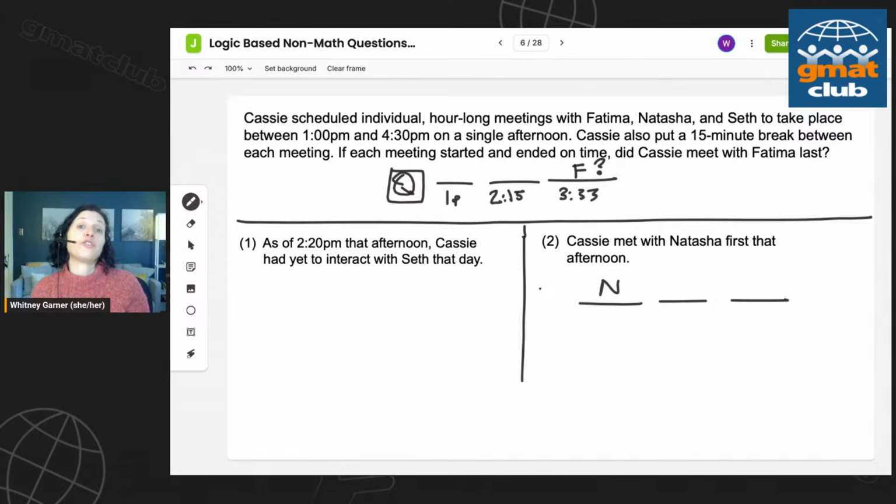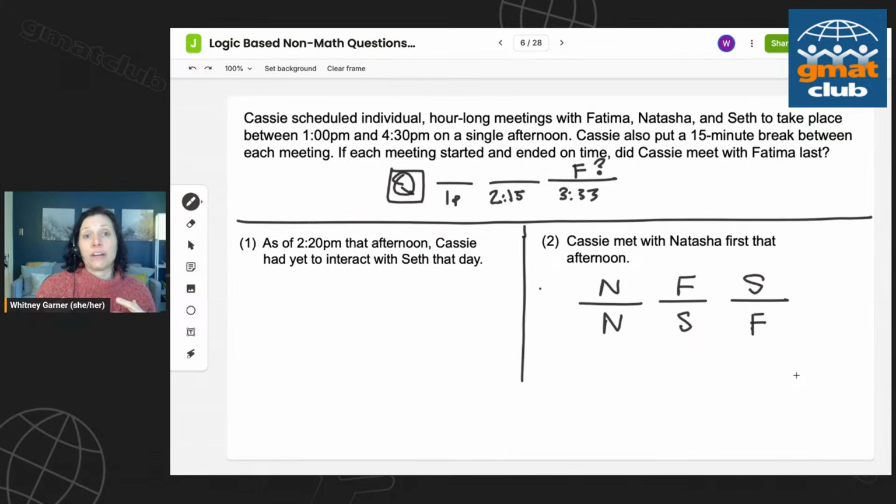So if I can't perfectly map out an order based on the information given, I'm going to need to test scenarios. It could be that Natasha was first, and then Fatima, and then Seth. Or it could have been Natasha, Seth, and then Fatima.